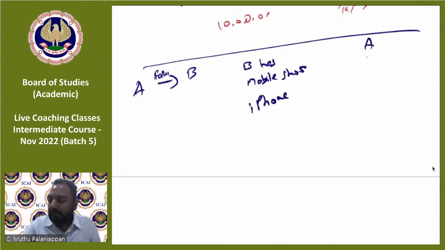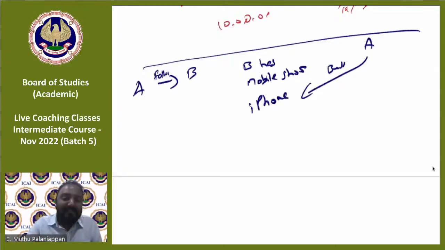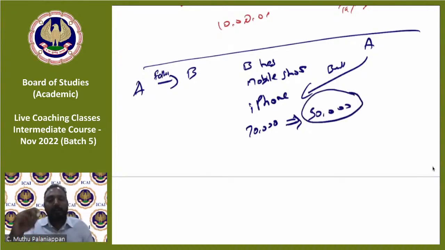Now A buys from B. Since A is the son, the phone worth 70,000 rupees is actually purchased for a lower price. Let's say it is purchased for 50,000, correct? Now, according to A, the expenditure is only 50,000, but the real expenditure should have been 70,000.